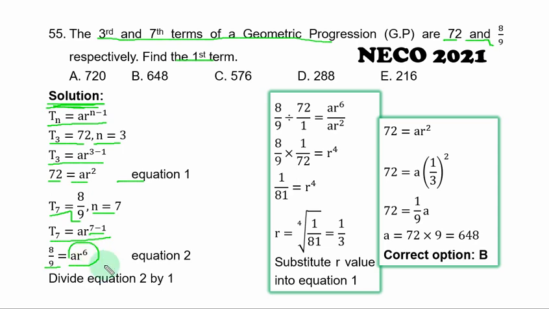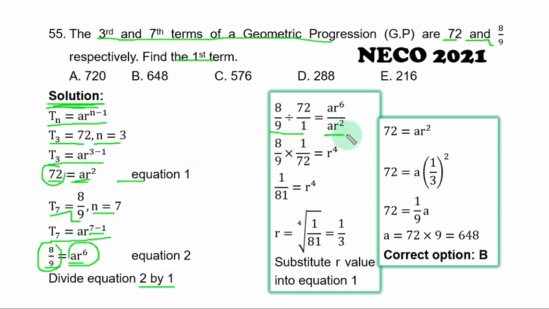To continue, divide equation 2 by 1 side by side. So you have 8/9 divided by 72 over 1 in this form, and ar to the power 6 divided by ar to the power 2.